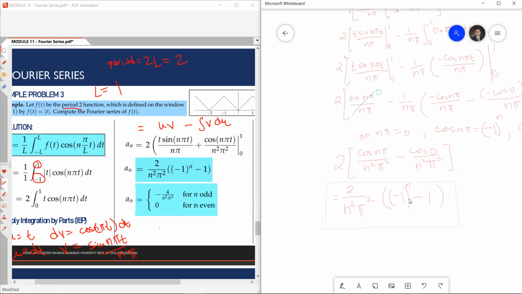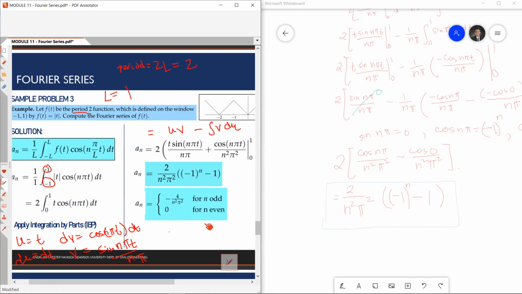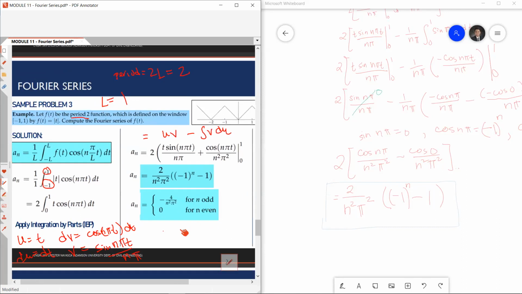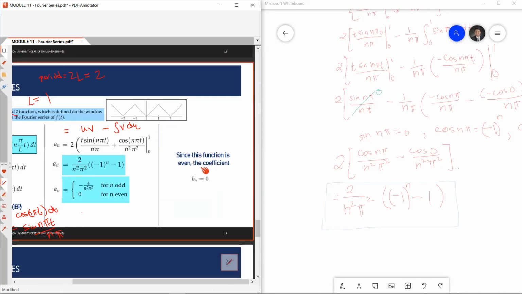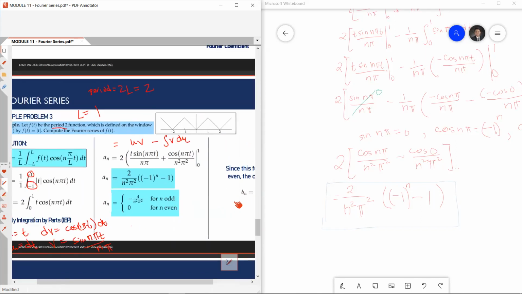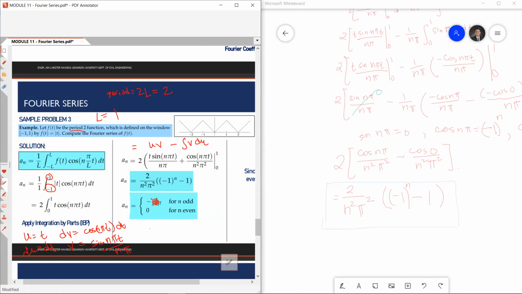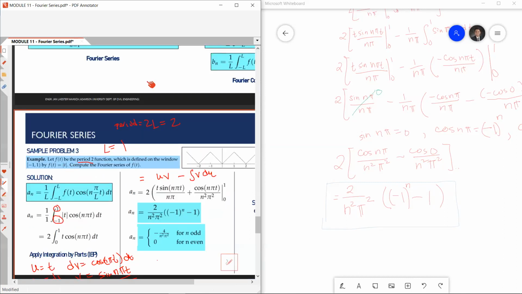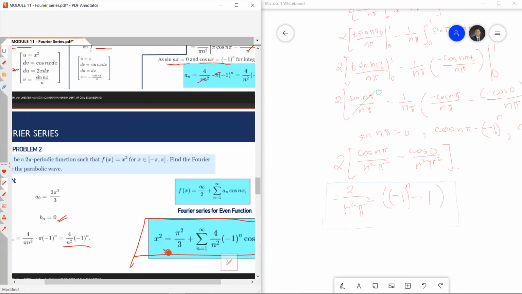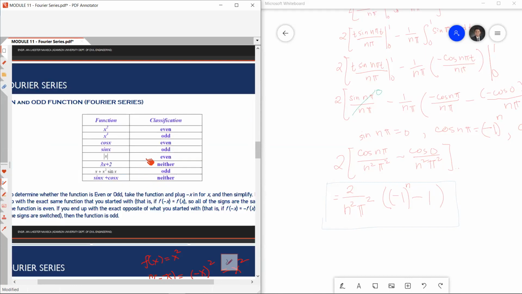And for n that is even, magiging positive 1 to. So positive 1 minus 1 is 0. That will give you 0 for n that is even. Okay? So that is your a sub n. So since this function is an even function, the coefficient b sub n is equals to 0. 'Di ba yung absolute value of t nandito siya sa example natin, that is an even function.